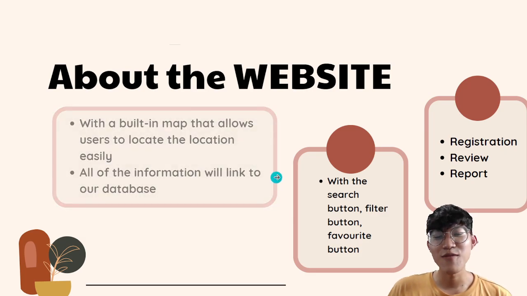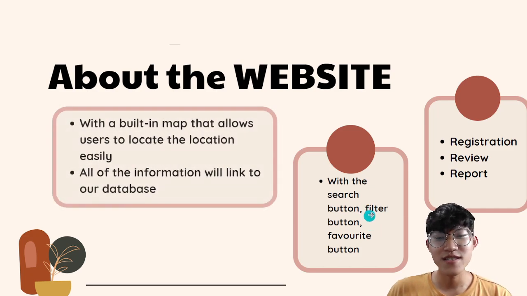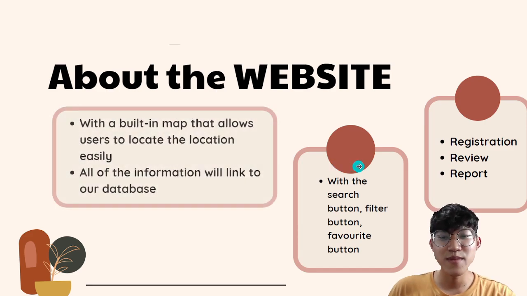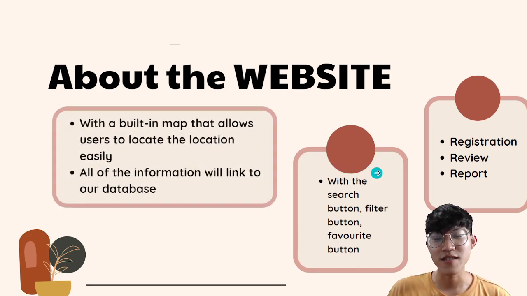Besides that, this website is also equipped with the search button, filter button, and favorite button. So the search button, of course, eases users to look for a particular location or a particular establishment where they want to spend time resting while they charge their equipment, or maybe a specific charging port or type, such as for electronic vehicles.